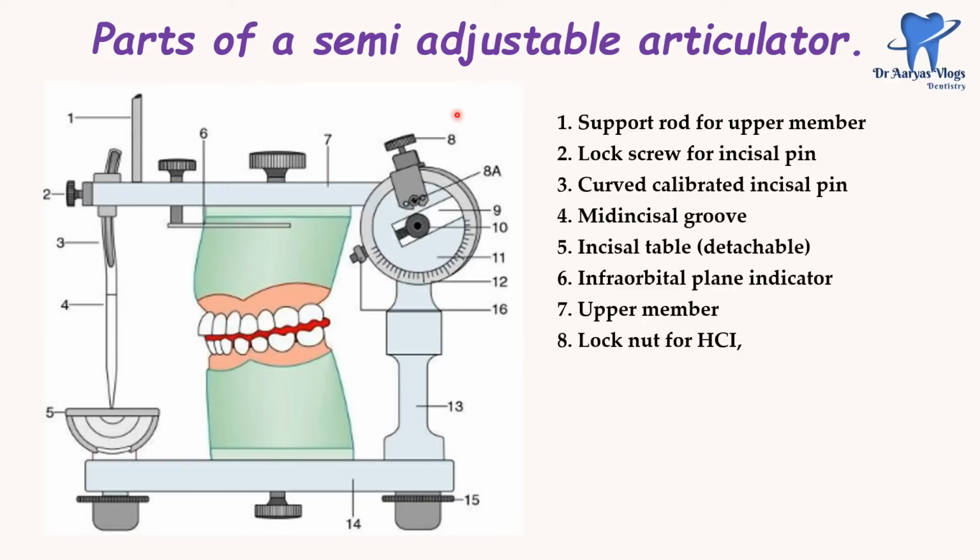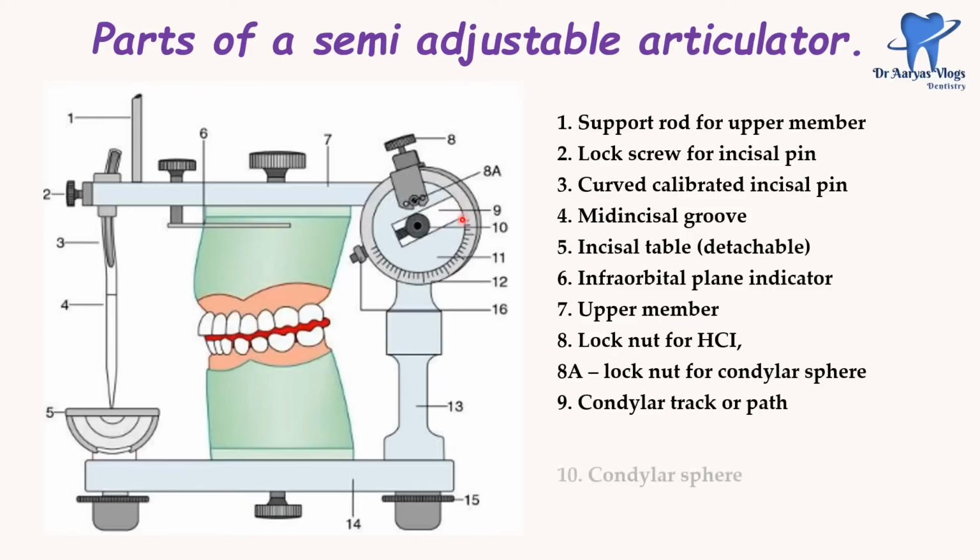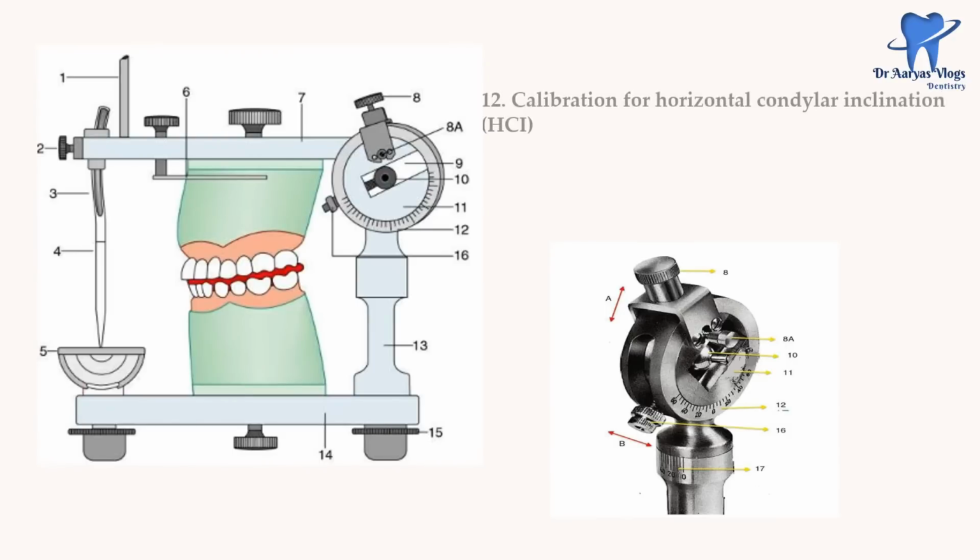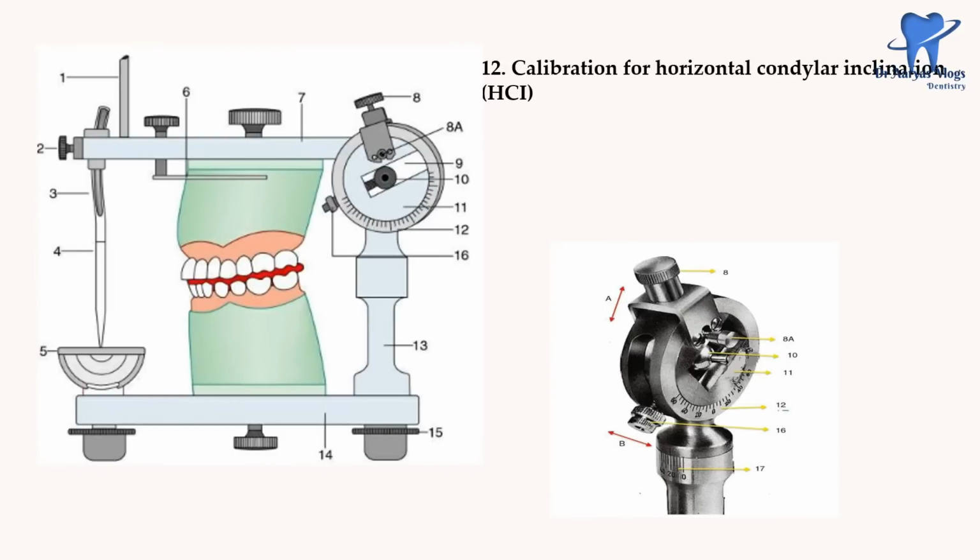Here this is the lock nut for horizontal condylar inclination, and this is for the condylar sphere. This is the condylar track or path. This is the condylar sphere. This is the condylar assembly. This is the calibration for the horizontal condylar inclination.